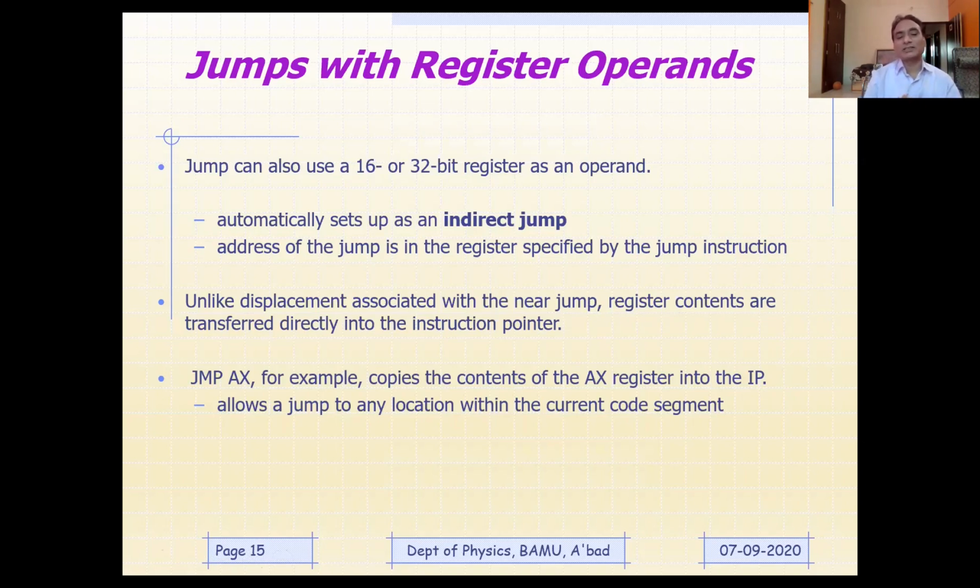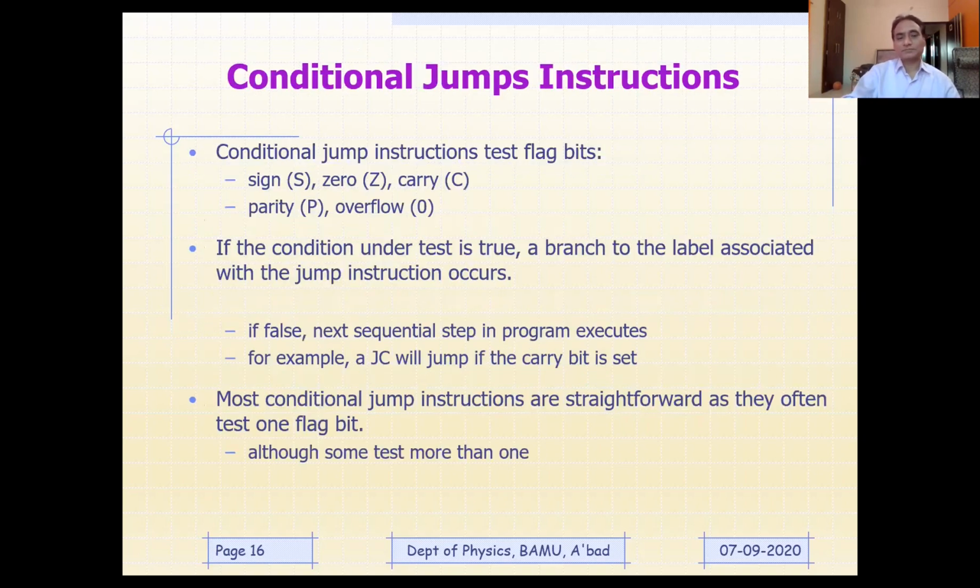It is responsible for how the program is executed, and therefore the address of the instruction where we want to take control must in any case be loaded into the IP. So that is why when this statement is executed, the microprocessor will take the content of AX into IP so that control will transfer to that particular memory address.